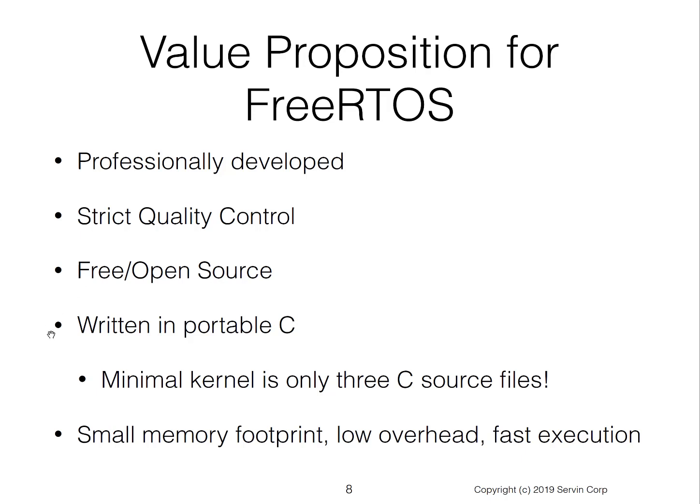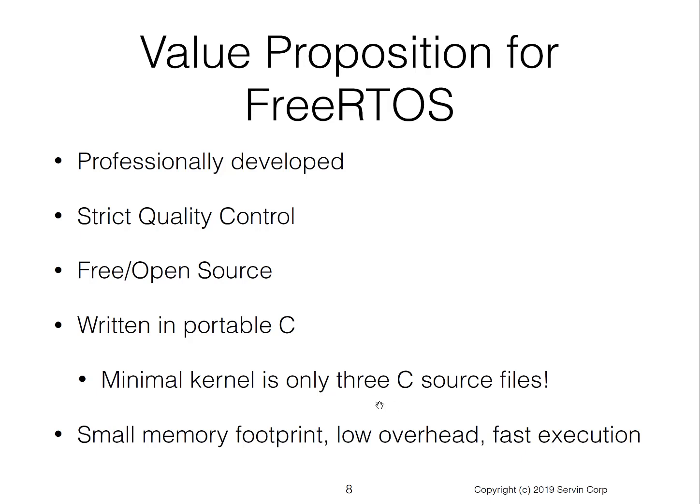Another reason, of course, as with most embedded software, is that it's written in portable C. So this C can be put on any type of microprocessor. The kernel is very, very small. In fact, there are only 3 C source files needed at a bare minimum. So it's very easy, right?